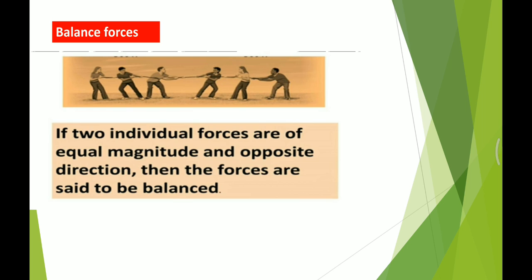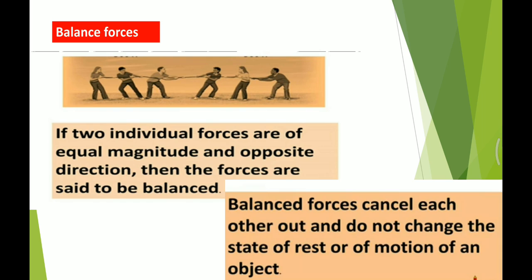It means if two individual forces are of equal magnitude and opposite directions, the forces are said to be balanced. Balanced forces cancel each other out and do not change the state of rest or motion of an object. This is all about balanced forces.